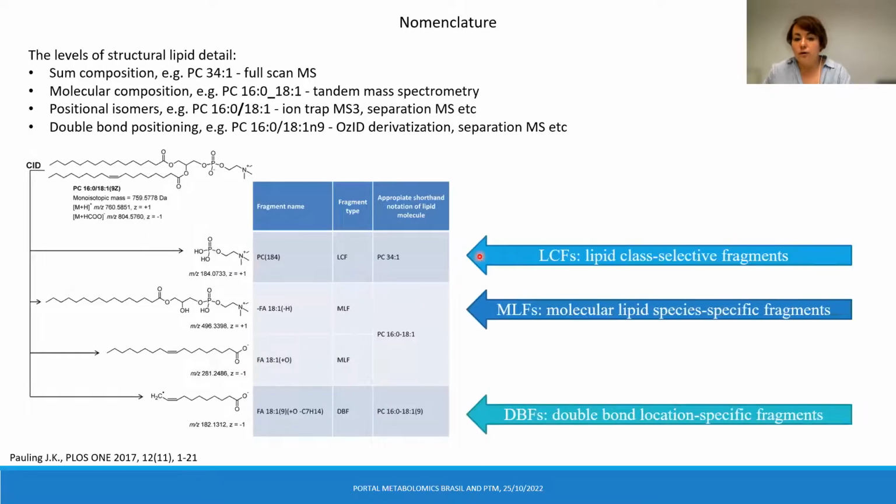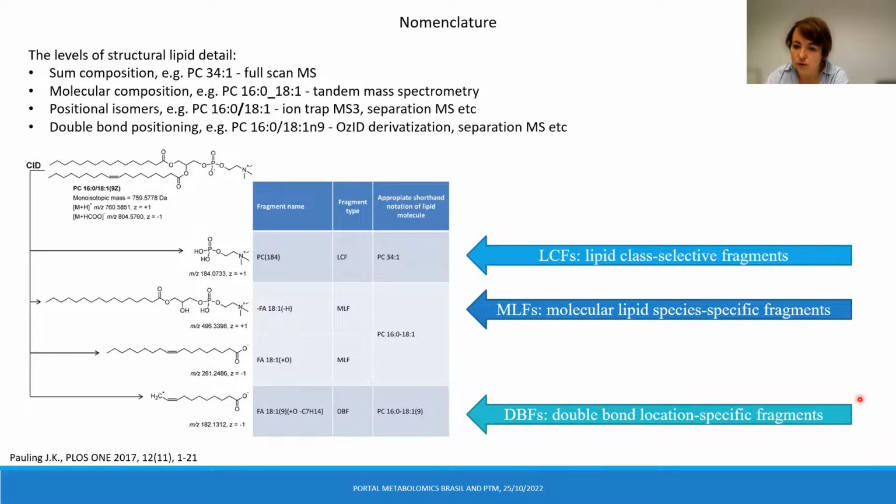Then there are also some other classifications. Basically, they follow the same idea. They have slightly different names and another level of detail, let's say. We have lipid class selective fragments, which are lipid class specific fragments according to another classification, molecular lipid species specific fragments, and double bond location specific fragments.